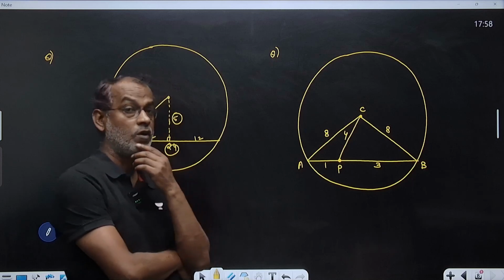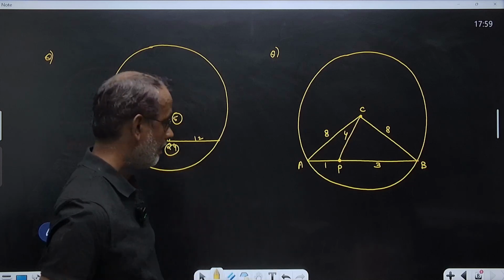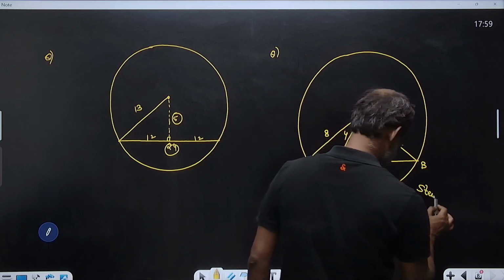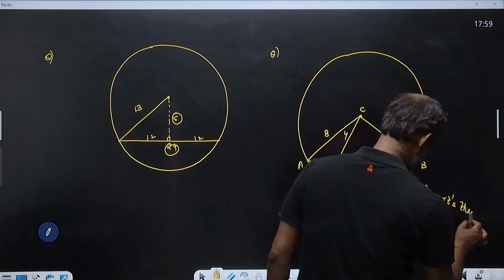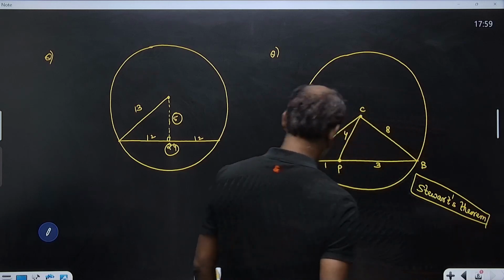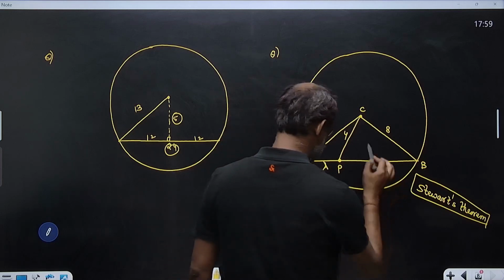So, what are you going to do? Stewart's theorem can be used. I hope you remember it, that if this is lambda, this is 3 lambda.